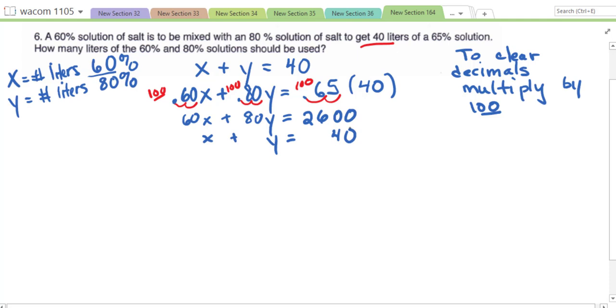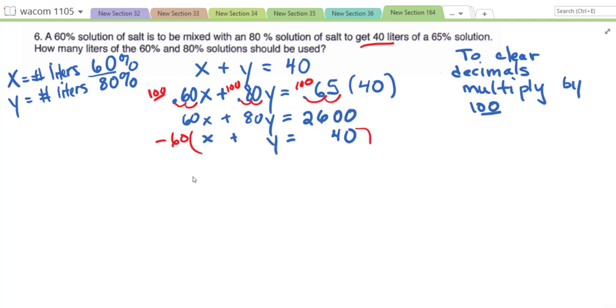All right. And now I would like to simplify these. Depends on what method you want to use to solve this system of equations. If you want to use the elimination method, you want to make one of the variables cancel, you could multiply this second equation by a -60. You don't have to do that, right?